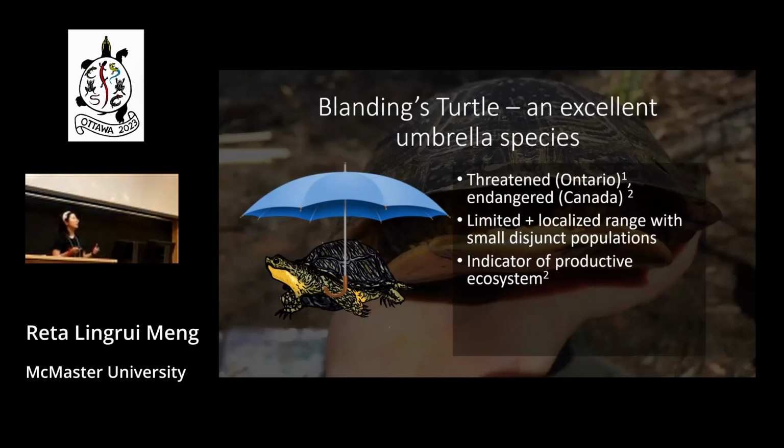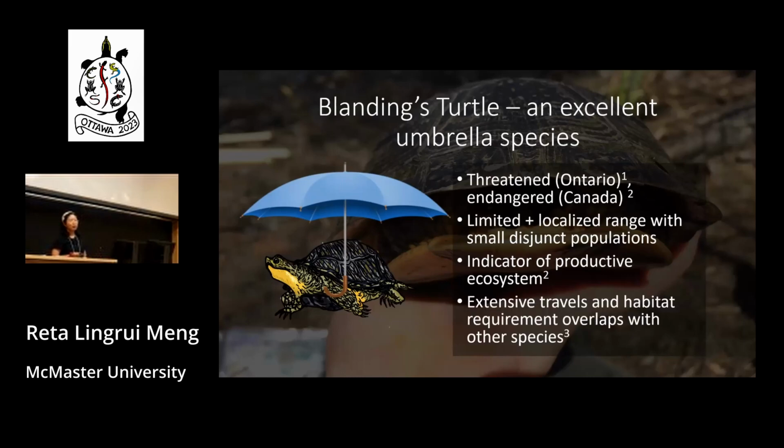You can often see a lot of highly productive wetlands, a lot of food sources, and other interactions between different organisms. That brings us to the fact that Blandingii turtles extensively travel, and they have a large amount of habitat requirements that overlap with many other species, including species at risk reptiles and amphibians, and other fish, species at risk plants, etc., which is why they're an excellent umbrella species to study.